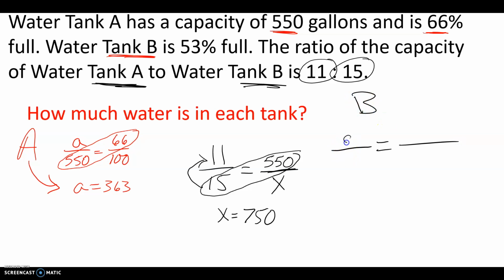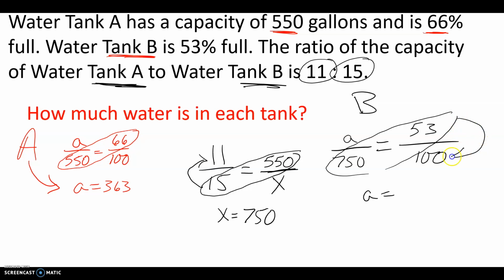Now we can use that for the proportion for tank B. There's 750 gallons total, and it's only 53% full. When I do my cross products, I get 750 times 53, divided by 100, which is 397.5 gallons.